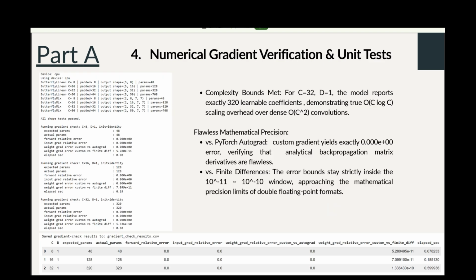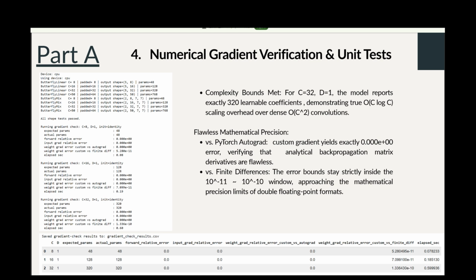And finally, our empirical metrics provide undeniable validation of our layer's mathematical soundness. First, our parameter checker confirms a perfect match with the sparse complexity bound of 2C log 2C dot D across all test sweeps.